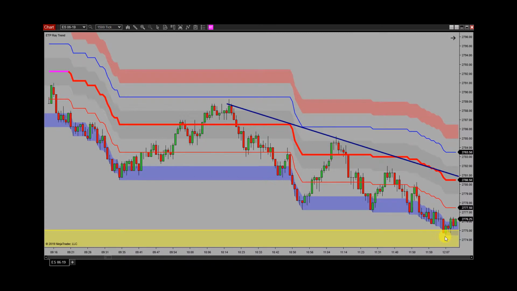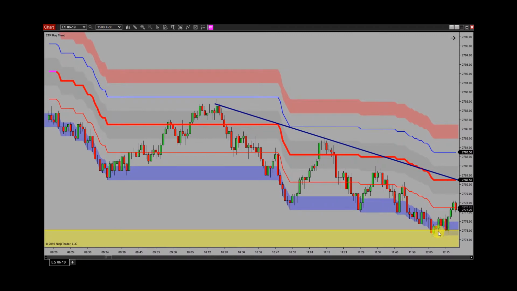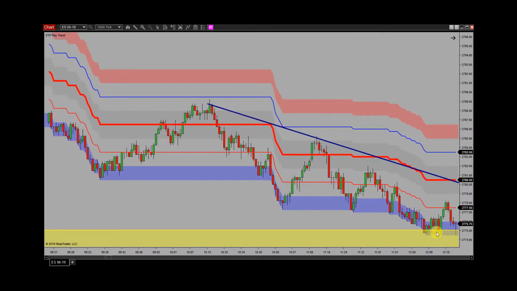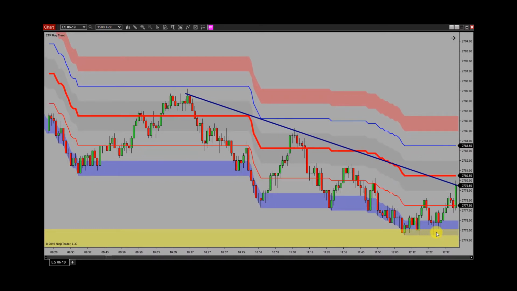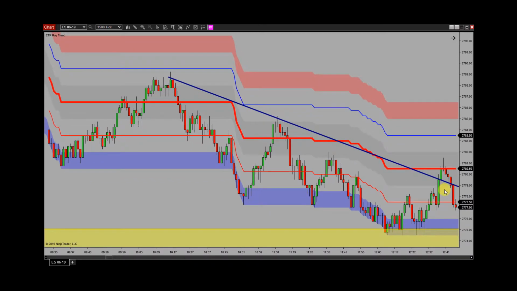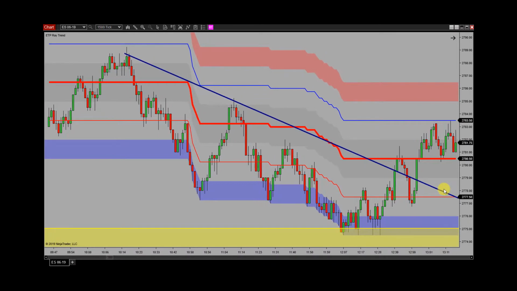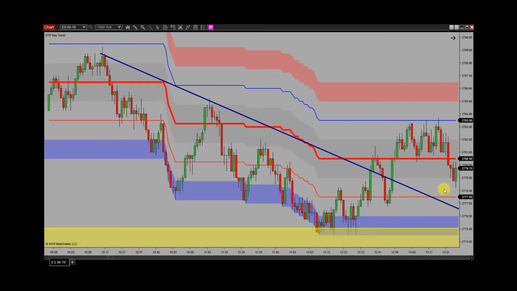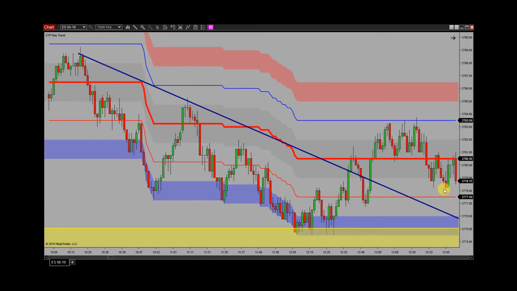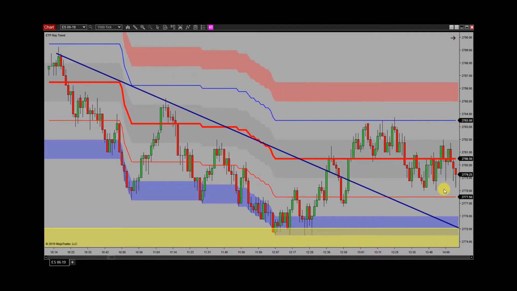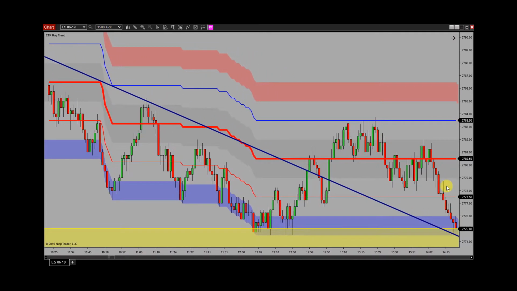We see that price actually entered the support zone, bounced off it multiple times, broke our trend line again, came back up, stagnating, coming forward.